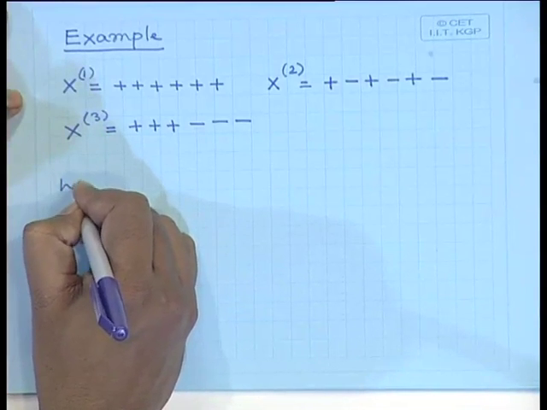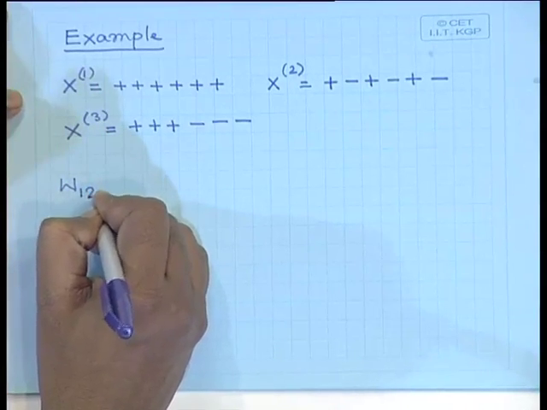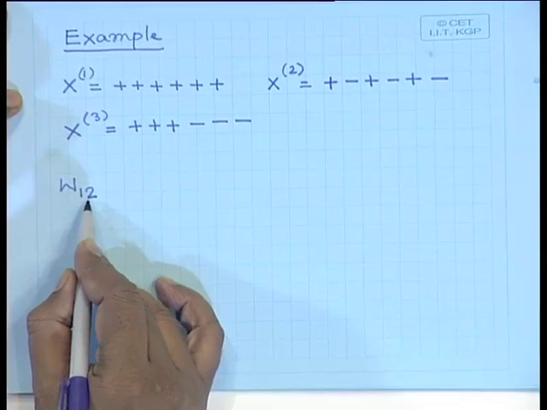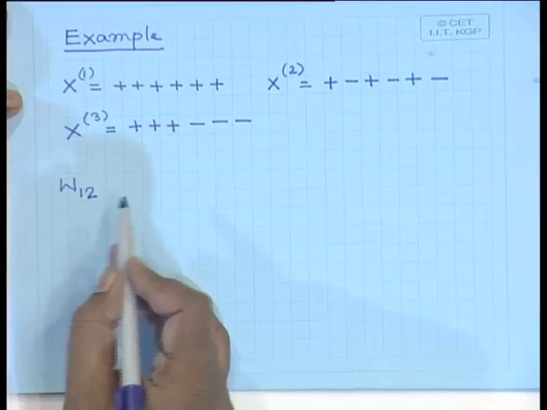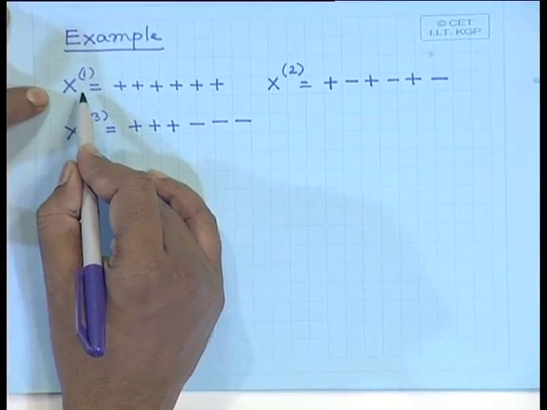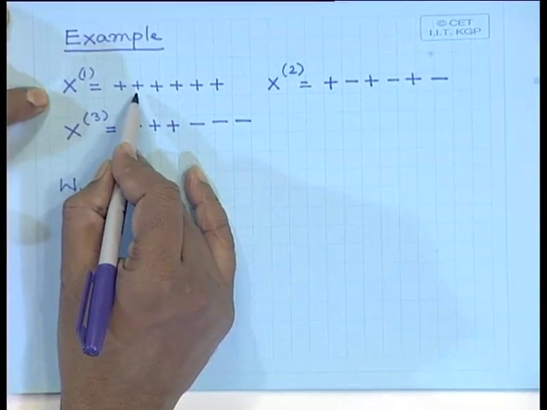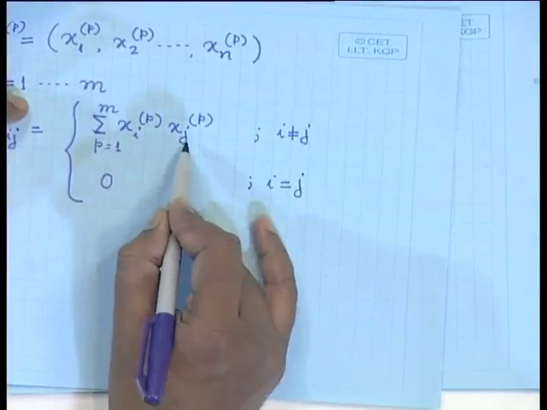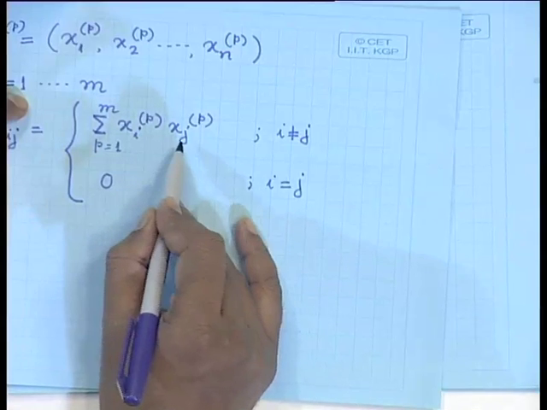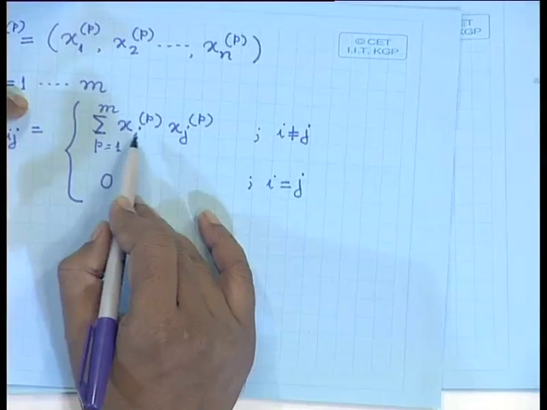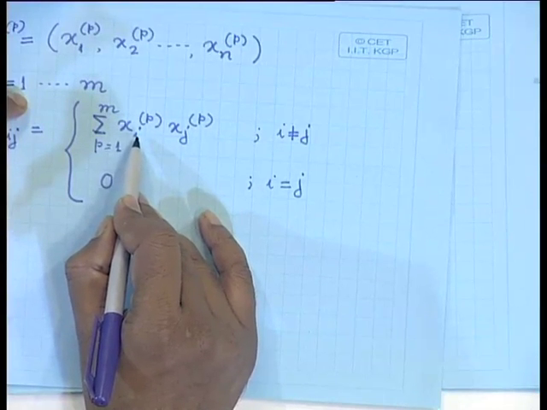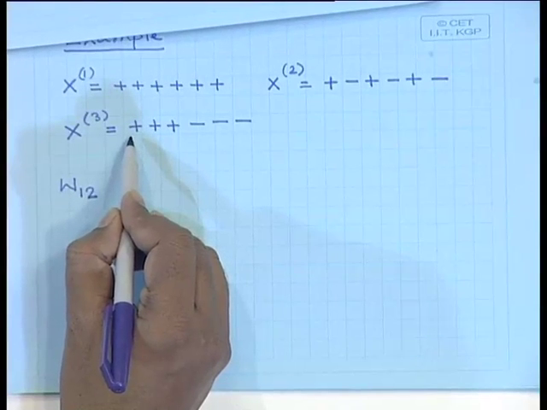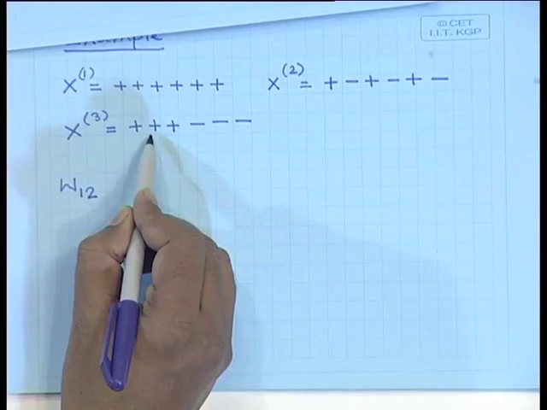So, what will be the value of W12? Okay. So, here you find that I have to consider the first bit and the second bit. From the first feature vector, both of them are positive. So, when I compute this term xip into xjp, where i is equal to 1, j is equal to 2, that will be simply x11, that is plus, x21, that is also plus.